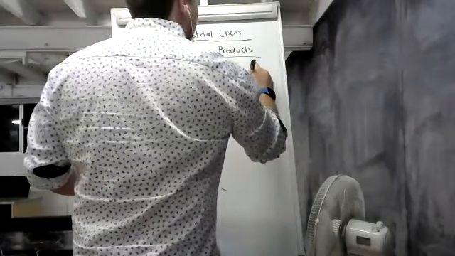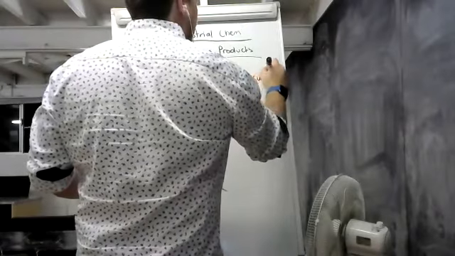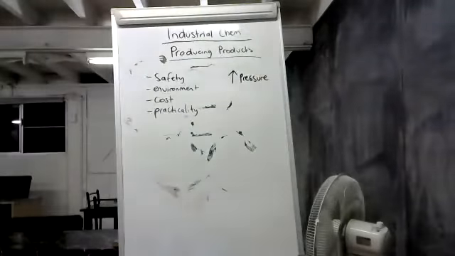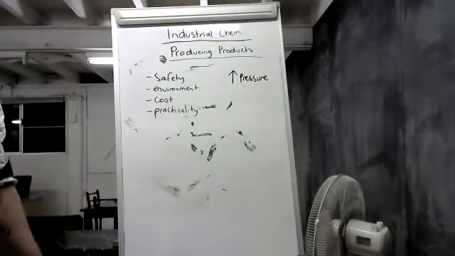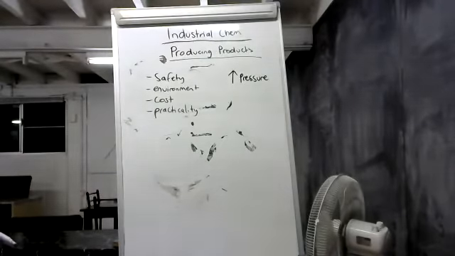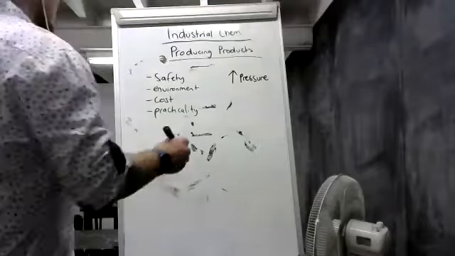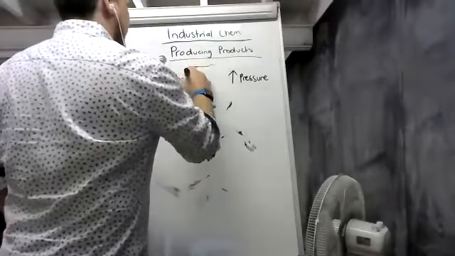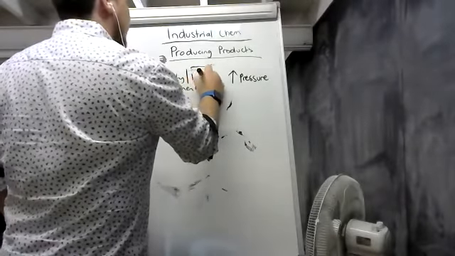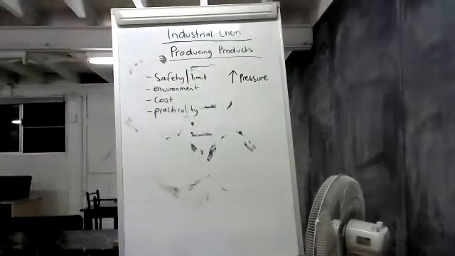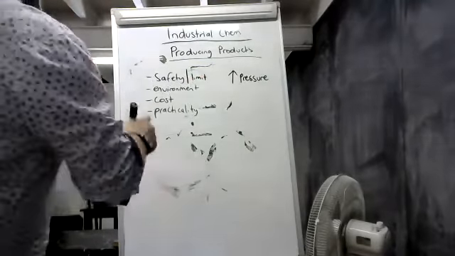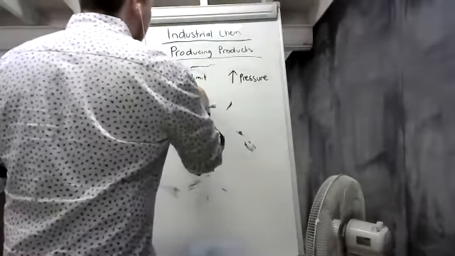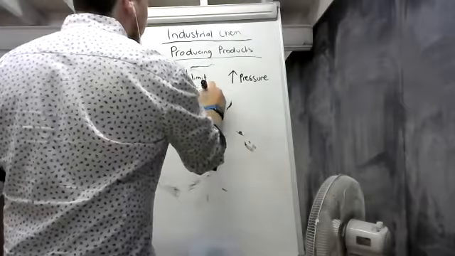we will get a greater return. But we also know that if we increase the pressure to 1 million atmospheres, we're going to create a very large bomb. It's not safe. So there's a limit to the pressure because of safety concerns. It's not cheap to produce a lot of pressure.